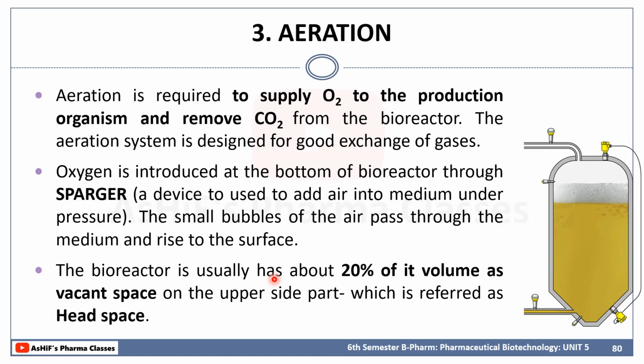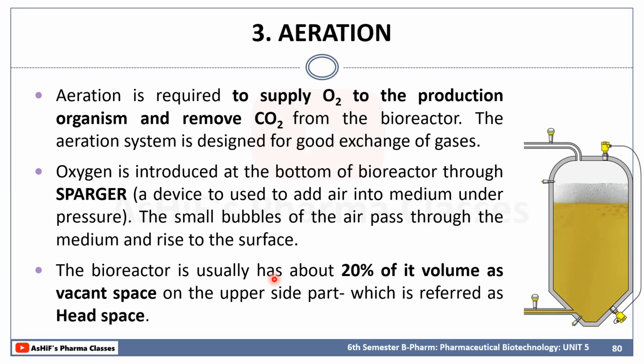Now coming to the aeration. This is another important factor required for the fermentation. We have to give aeration by supplying oxygen, and we have to remove the carbon dioxide which is formed during the bioreaction.